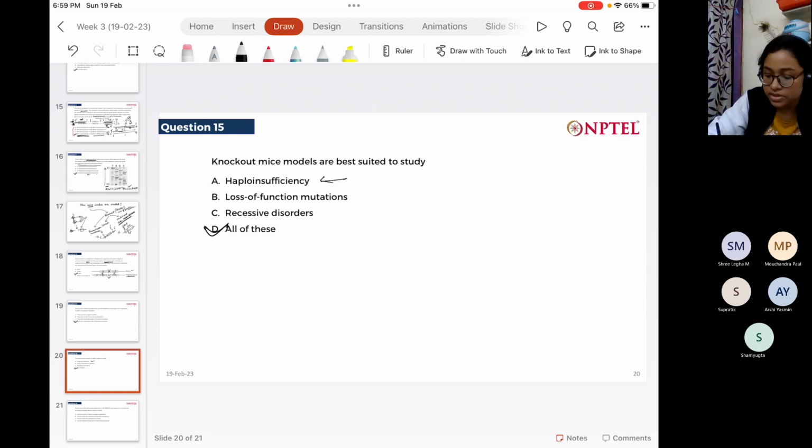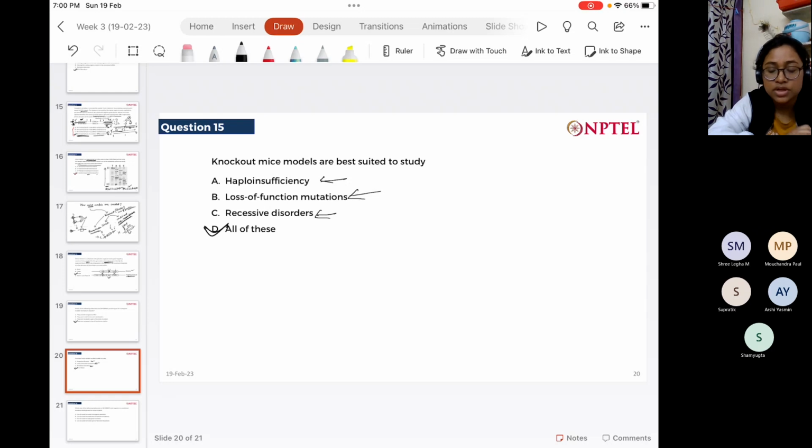Then obviously we can study loss of function mutation, and we can study recessive disorders. We can create deletion in both the copies of the gene and thus create a recessive genotype.